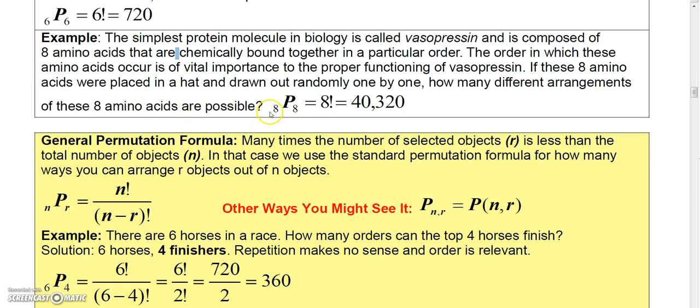Again, I have a total of 8 amino acids, and I'm going to arrange all 8 of them. So 8P8 by definition is 8 factorial, and again you can use a calculator to get 40,320. On the next video, I'll give you the general permutation formula, and we'll work some examples from that.